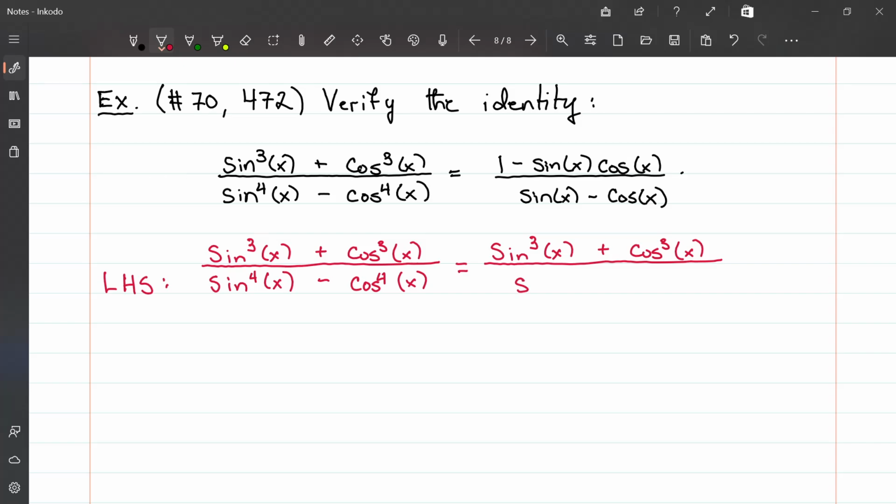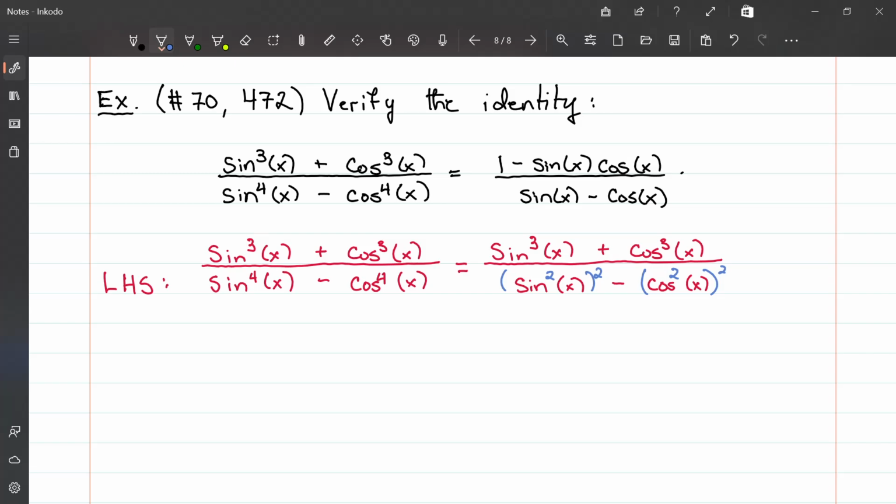Specifically, I can write them as sine squared of x raised to the power of 2. It means exactly the same thing as sine to the power of 4. And, of course, we can do the same thing with cosine to the power of 4.